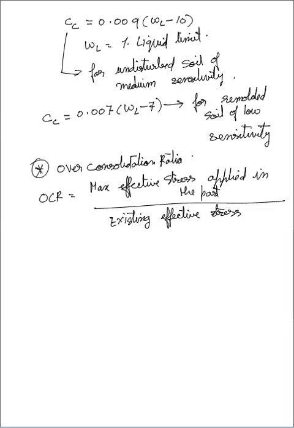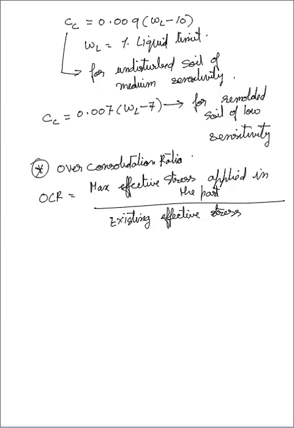So it is basically a ratio. OCR is the ratio of maximum effective stress applied in the past to existing effective stress. We don't know how much stress was in the past, but by some calculations or by extrapolation, if we come across any graph, then we can conclude the value of OCR.